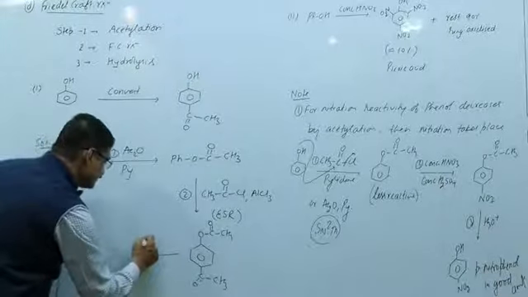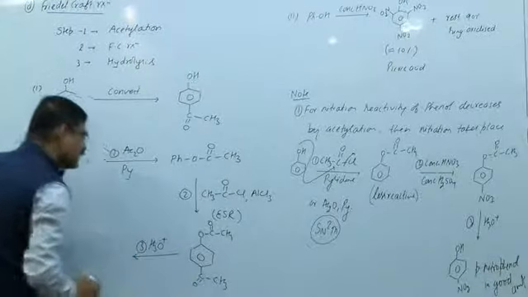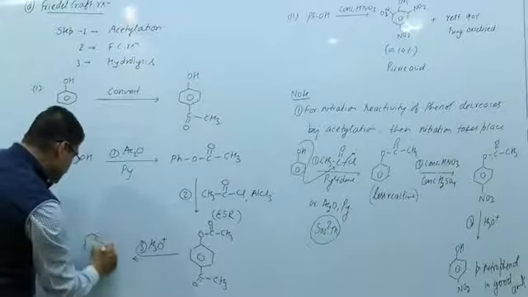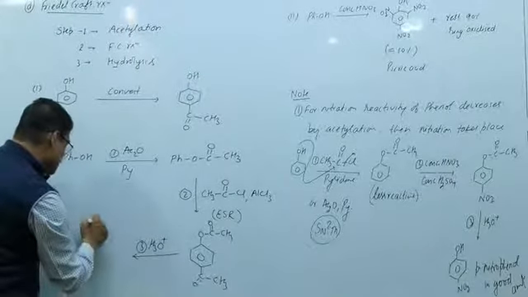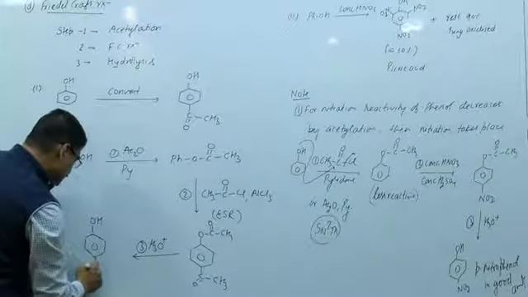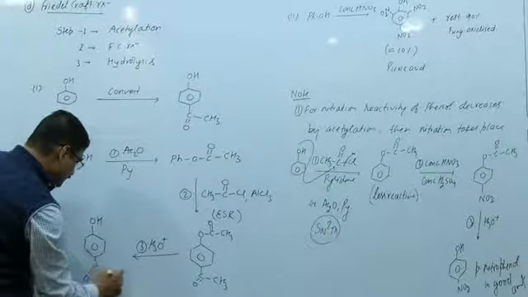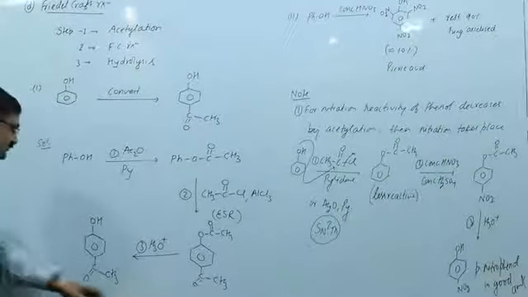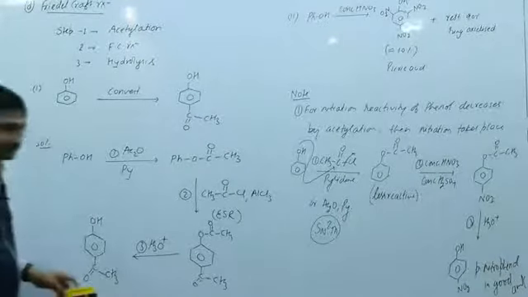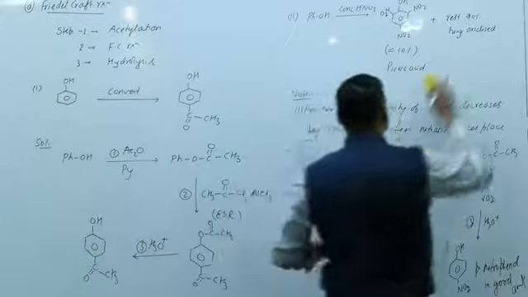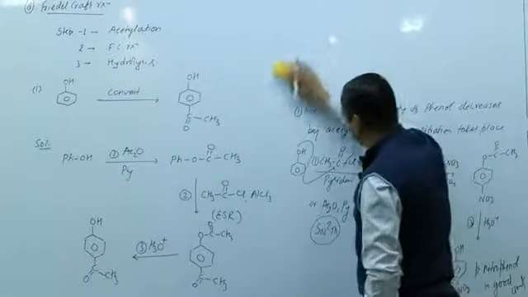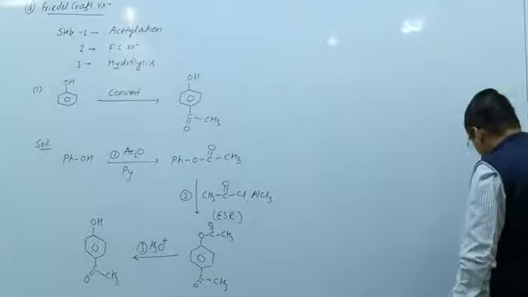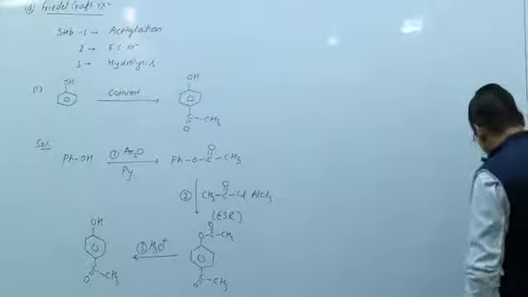And after acetylation, we take hydrolysis and the ester is converted into phenol and acid. So in the total 3 steps, the Friedel-Crafts reaction is completed. So both acylation or alkylation take place by this method.